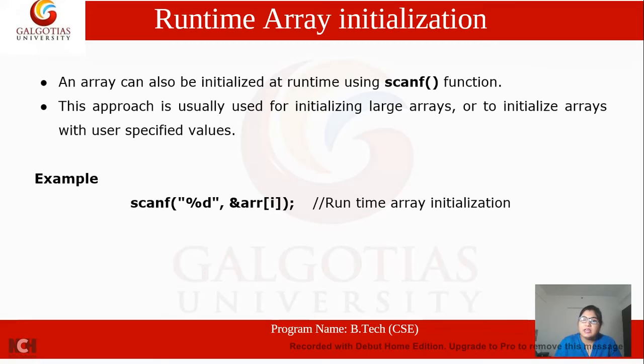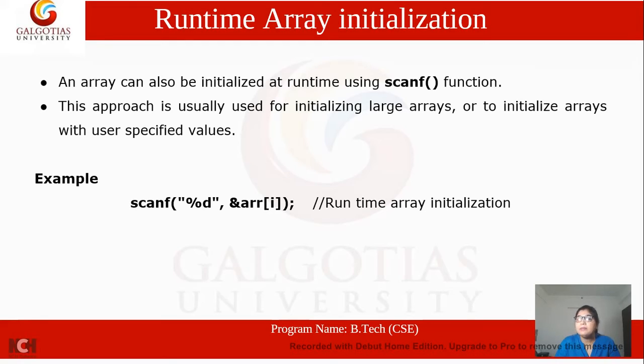In that scenario, you can only declare the size of the array, and using the indices, you can scan the values into the array one by one and initialize it. So you have to use the scanf function, and then you put the address of the array with the index value, that at which index you want to store which item.